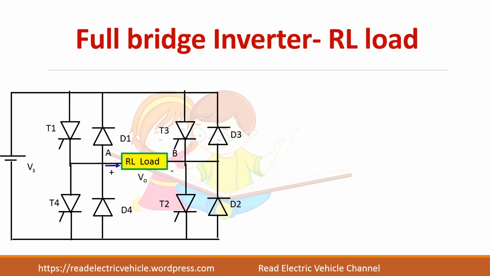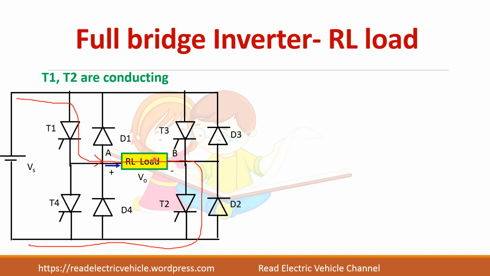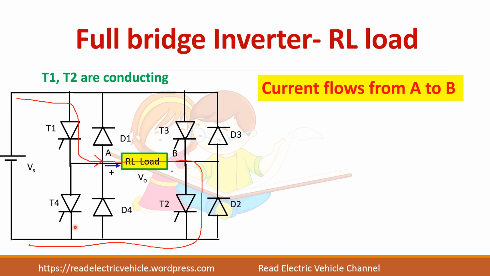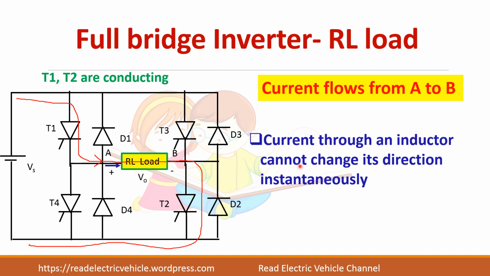Let us see the operation of a full bridge inverter connected to an RL load. So when T1 and T2 are conducting, the current flows from A to B. When you turn off T1 and T2 and turn on T3, T4, current has to flow from B to A. Since it is an RL load, the current cannot change its direction instantaneously.